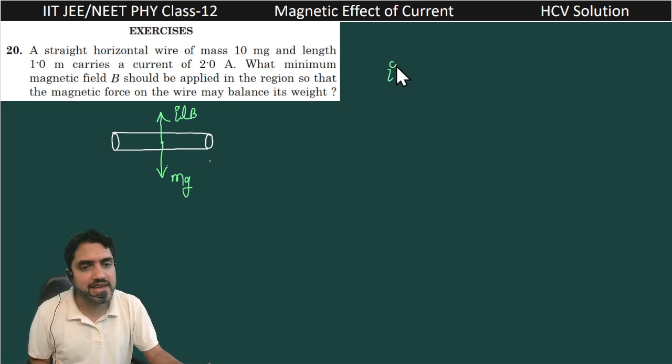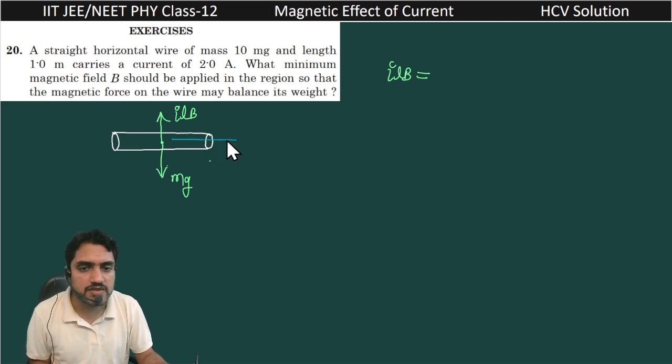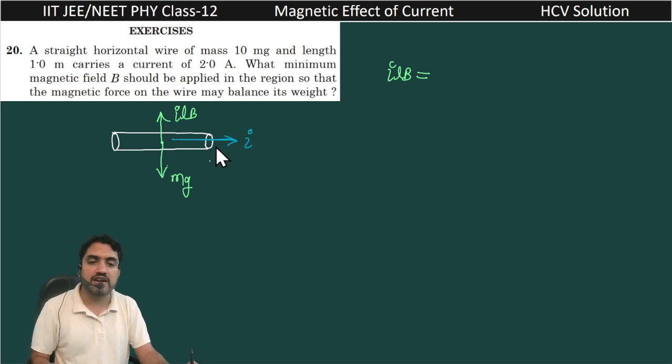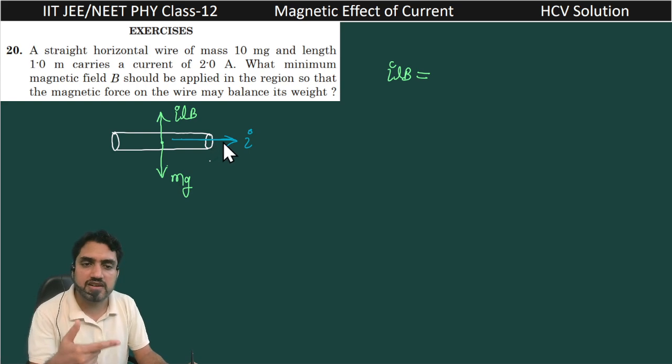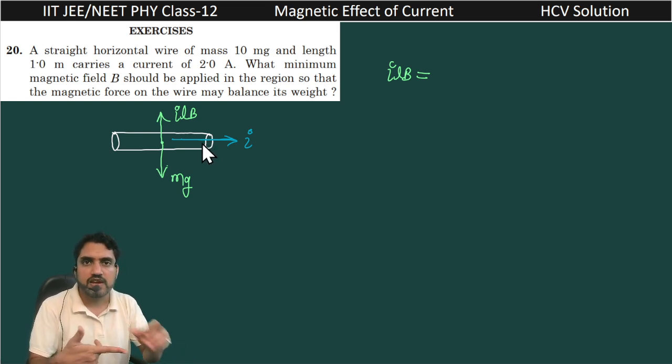If we consider the current in this wire in this positive direction, this is the direction of current. Using Fleming's left hand rule to find the direction of force, this is the direction of force and this is the direction of current.